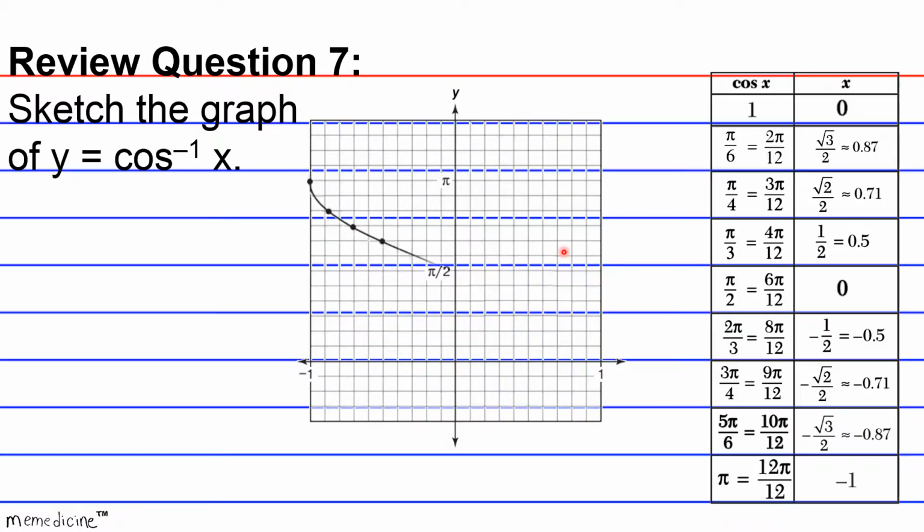After you do all that, this is what your graph should look like. The input is the cosine, and the output is the inverse cosine of x, or the angle measurement that corresponds to its specific cosine value.